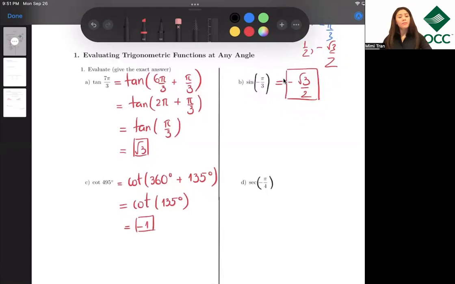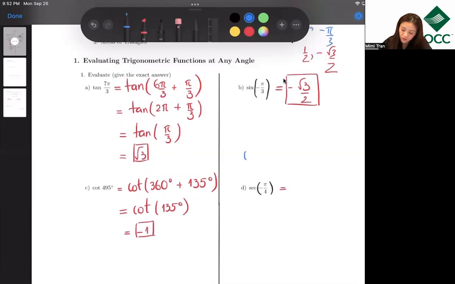Last one for problem 1. I want to find the value of secant of -pi/4. Now, on the unit circle, I don't have the value for secant, but we know that secant is the reciprocal of cosine. So secant theta is the reciprocal of cosine theta.